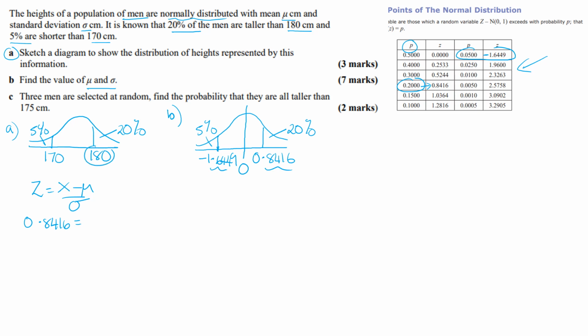The corresponding x value in that position is 180 minus mu all over sigma. Cross multiply: 0.8416 sigma is equal to 180 minus mu. And just take that mu over: 0.8416 sigma plus mu is equal to 180.